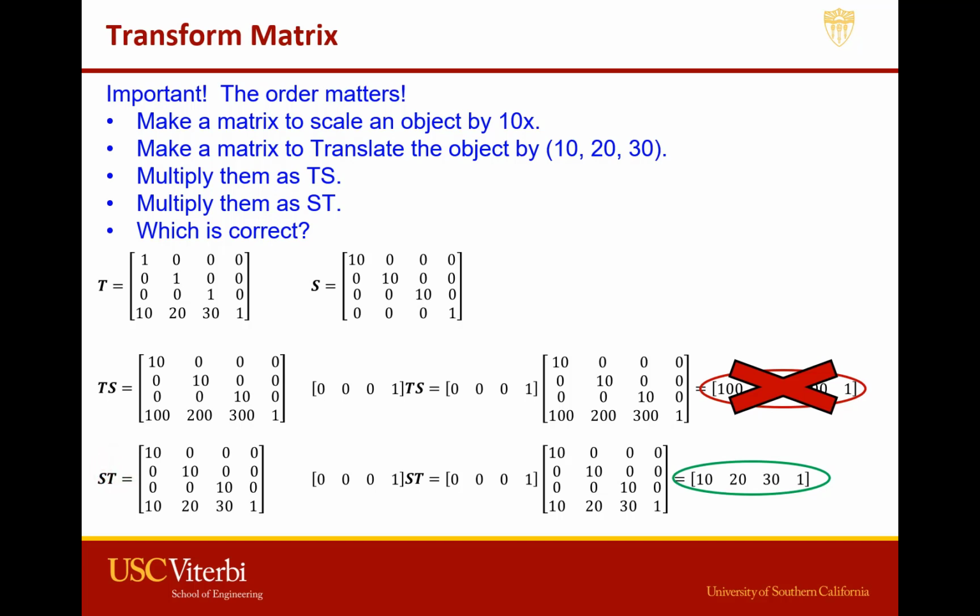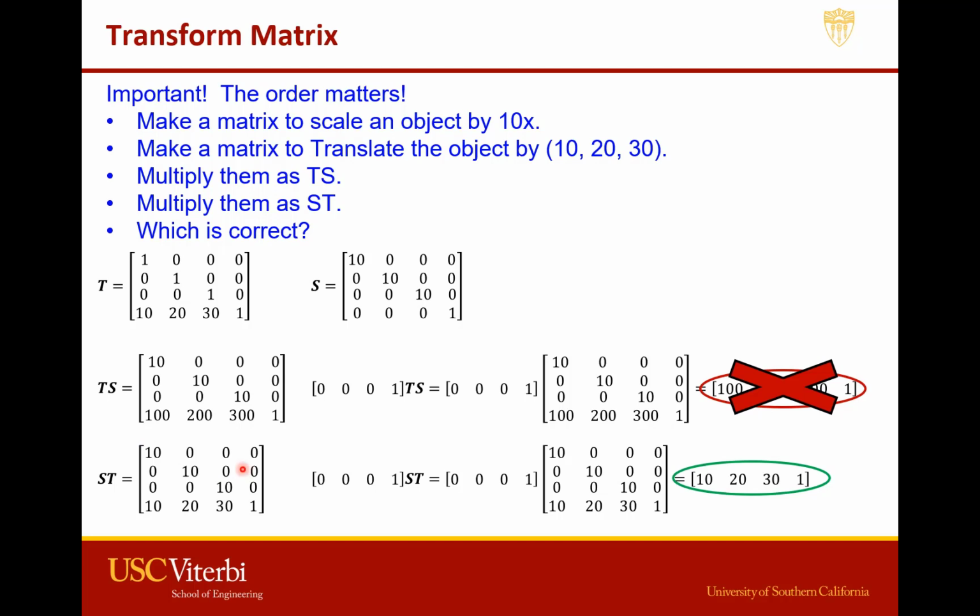And another way you can tell really easily right away is just by looking at the matrix. I have the scale down the diagonal, and I have the translation along the bottom. And this is something a little bit magical that I really want you to see. I can look at this matrix right here, and just purely by eyeball, I can tell you that the translation of this matrix is 10, 20, 30, and the scale of this matrix is 10, just by looking.